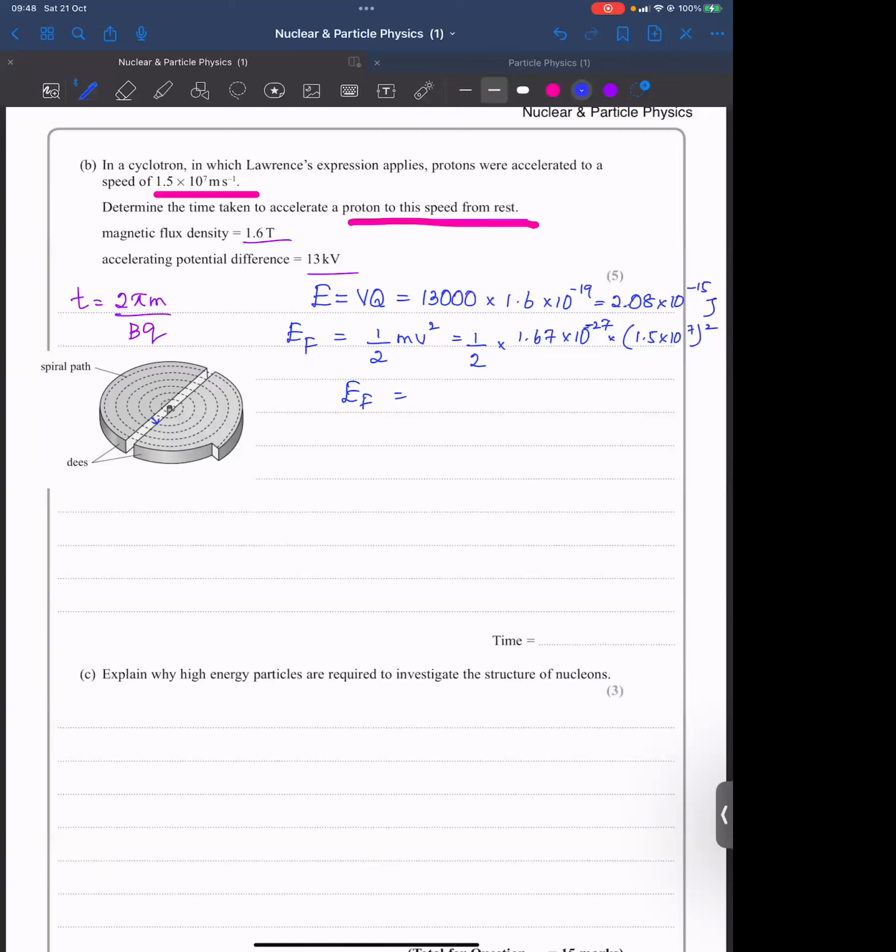That's 1.87875 into 10 to the power minus 13 joules. Correct?